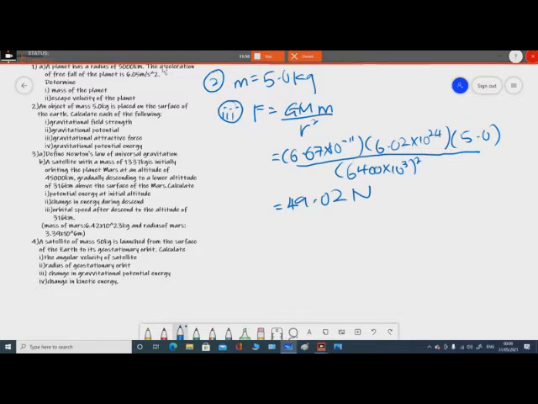Okay, for the final part, question 2, the gravitational potential energy is given as negative GMm over r.